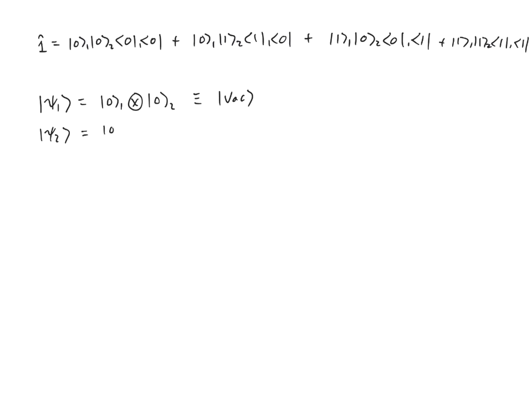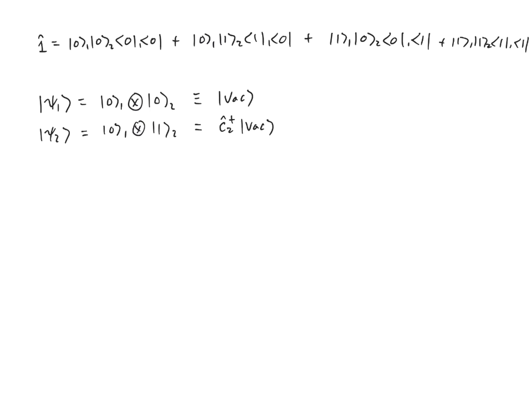Psi2 we defined as being no electrons in the first orbital, but one electron in the second orbital. The point of using our creation and annihilation operators is that having defined a vacuum state, we can generate all other states from that. How? Well, to generate this psi2 state from the vacuum, we simply operate with the C2 dagger on the vacuum. That creates a particle in orbital number 2.